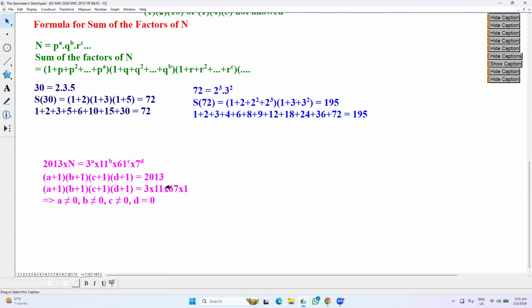It only has 3 prime factors. So one of the factors must be 1 if you have 4 brackets. So A must be minimum 1, must have 3, must have 11, must have 61. So the extra one has to be forced to be 1. Forced to be 1 means D is 0. D is 0 means we don't have the extra prime factor.